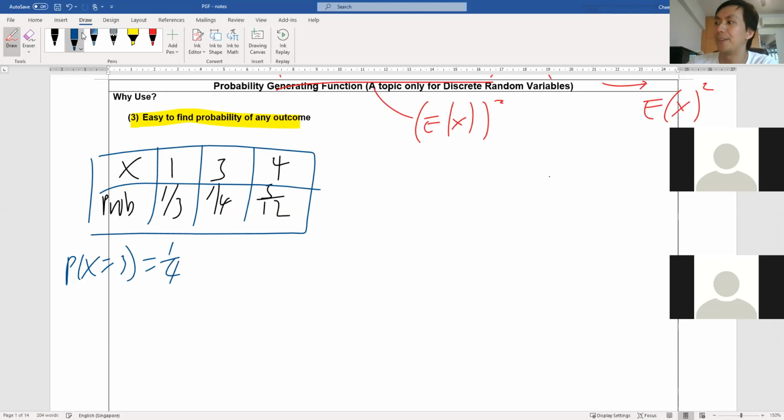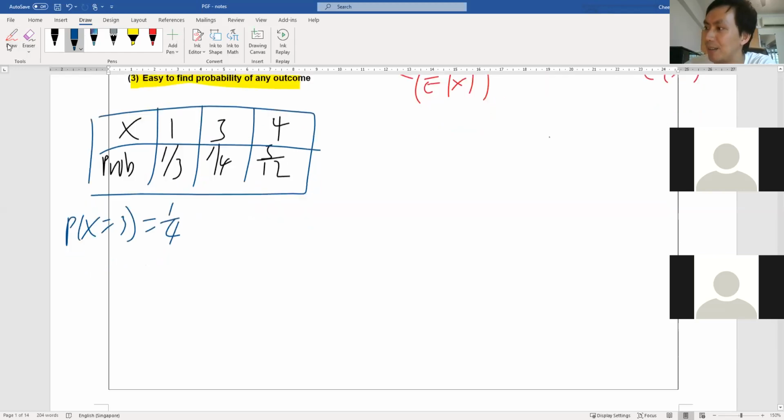Okay. But this is a very handy situation, of course. But in the real world, your variables wouldn't be nicely presented to you in a table form, right? So is there a mathematical way that we can ask a computer to construct or work on a function such that we can calculate the probability of any outcome? And in the world of PGF, the formula is this.